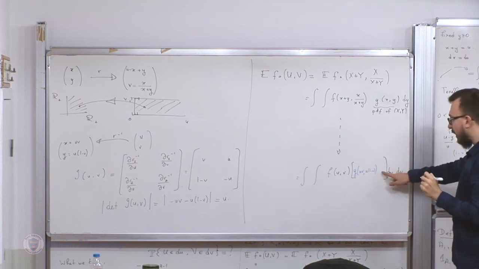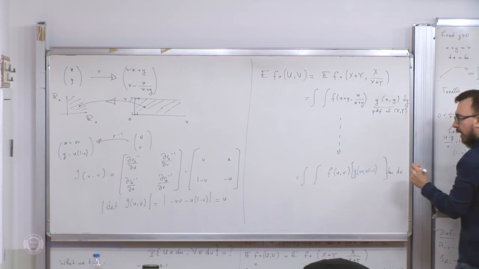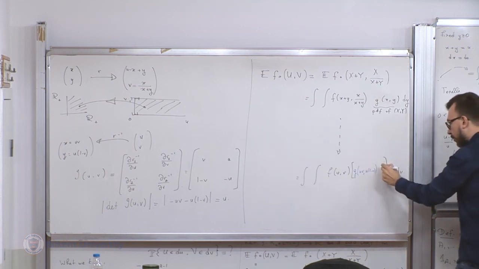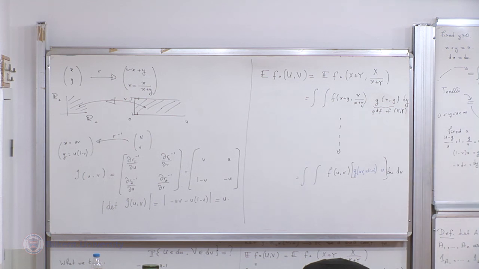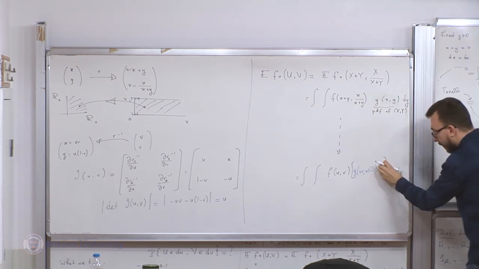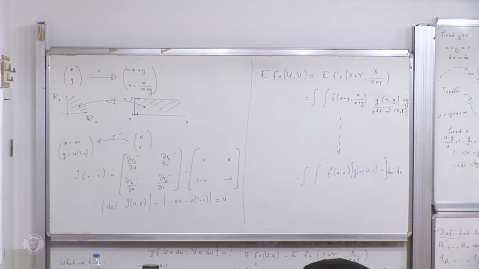And I also need my Jacobian, the absolute value of the determinant of the Jacobi matrix, which is u. If you remember multivariate calculus, this is like how you pass from Cartesian coordinates to polar coordinates. You have dx, dy, but you have r, dr, d theta. That r was the Jacobian.